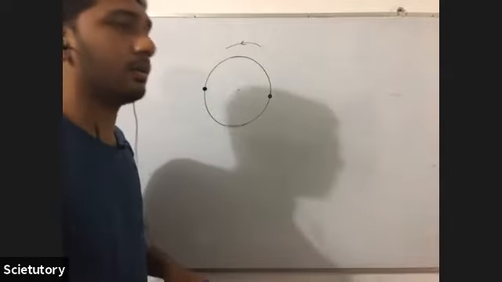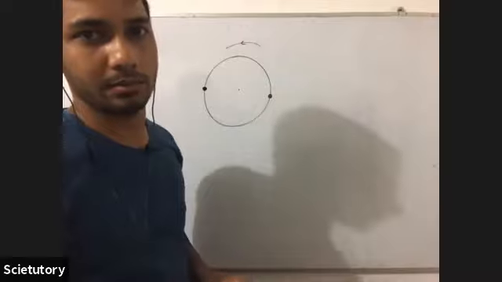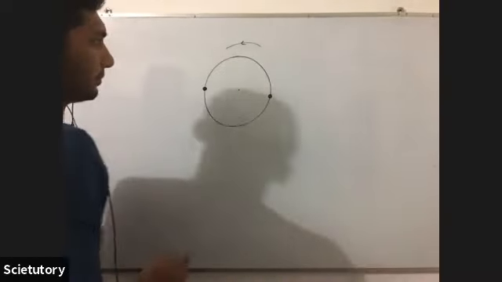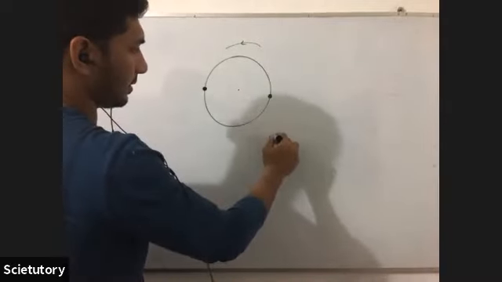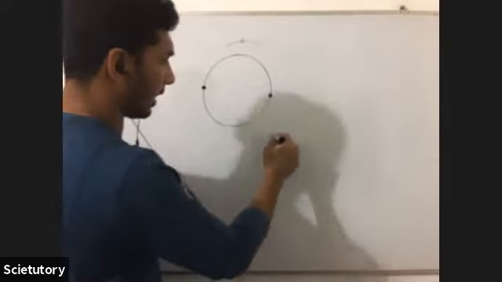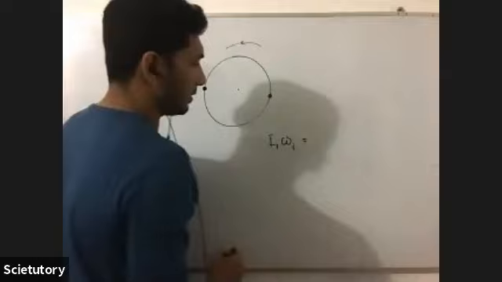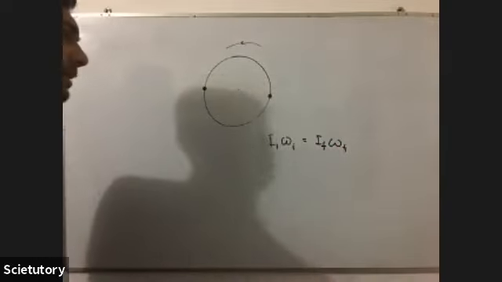Now we apply our law of conservation of rotational momentum. The initial angular momentum, I initial omega initial, is equal to the final, I final into omega final. This is the idea.